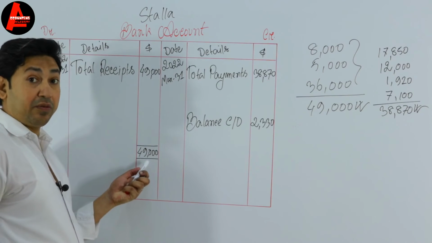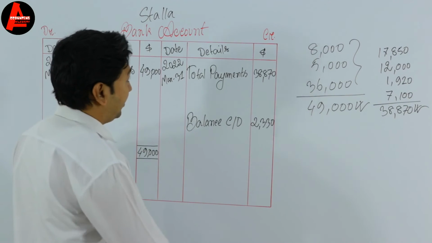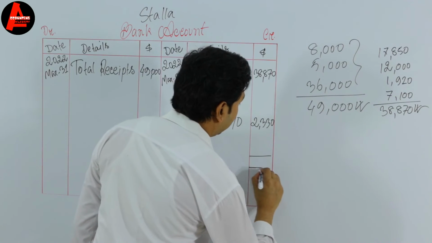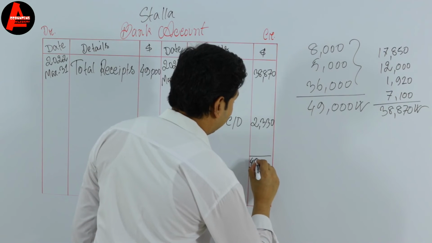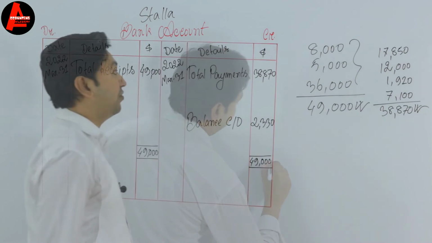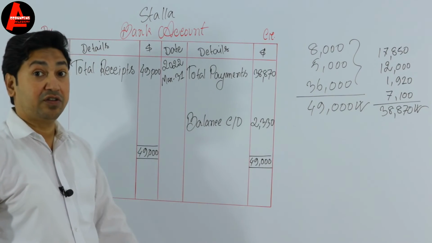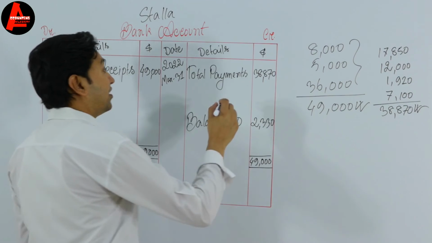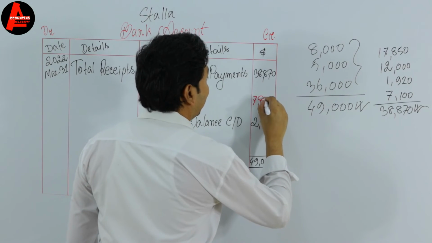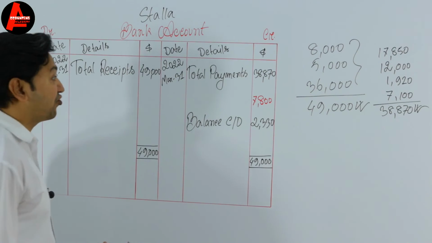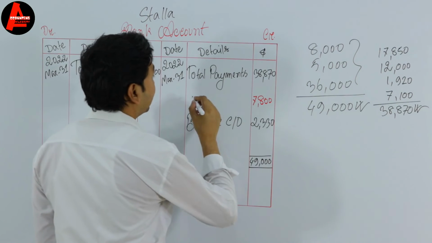We will take this amount to the opposite side, the credit dollar column, and write $49,000 on the same level. Now if we subtract these two amounts from the total of $49,000, we get $7,800. This is the amount of drawings, so we will write drawings.